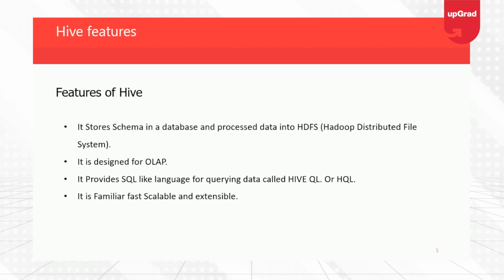Now there are various features of Hive that make it more appealing for data analysis. When we work on Hive, it relies on HDFS for storing the data. But what about the schema?